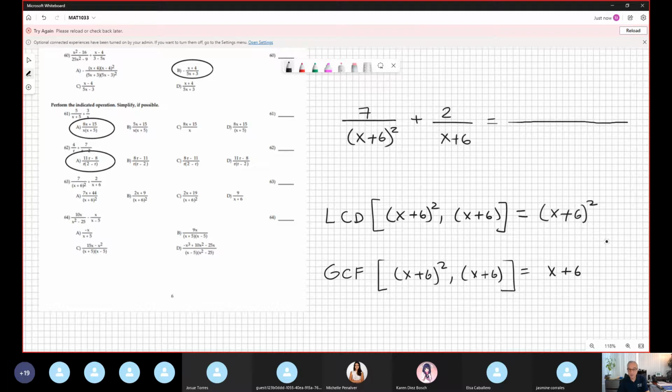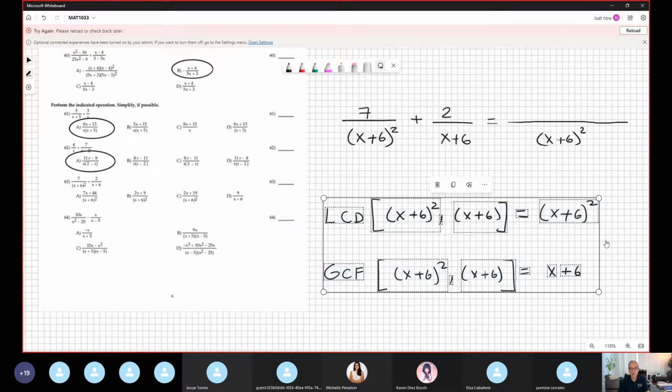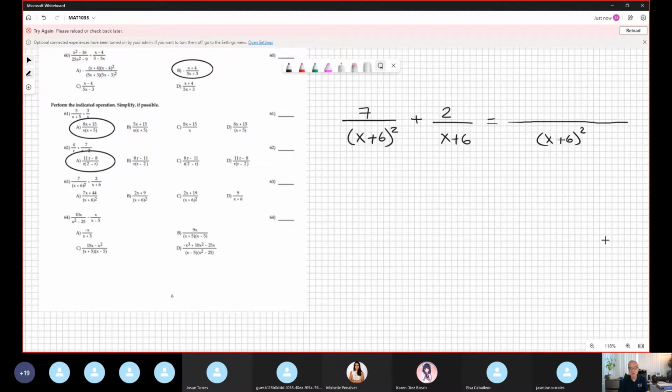I copy my LCD, which is x plus 6 squared, because this helps me condense these two fractions into only one. And x plus 6 squared divided by itself, and the first fraction is 1 times 7 is 7.